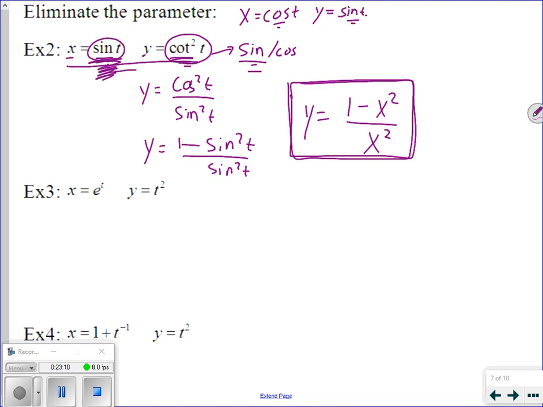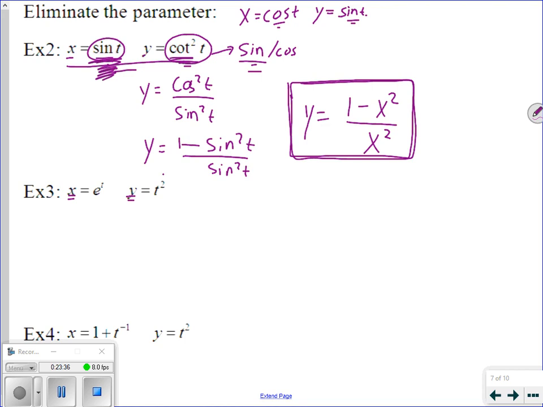Okay, so we got plenty of practice eliminating parameters. How about this next one? We just want to get y equals some type of form in x. We're going to try to eliminate the parameter, so we want to get t by itself in one of these equations.